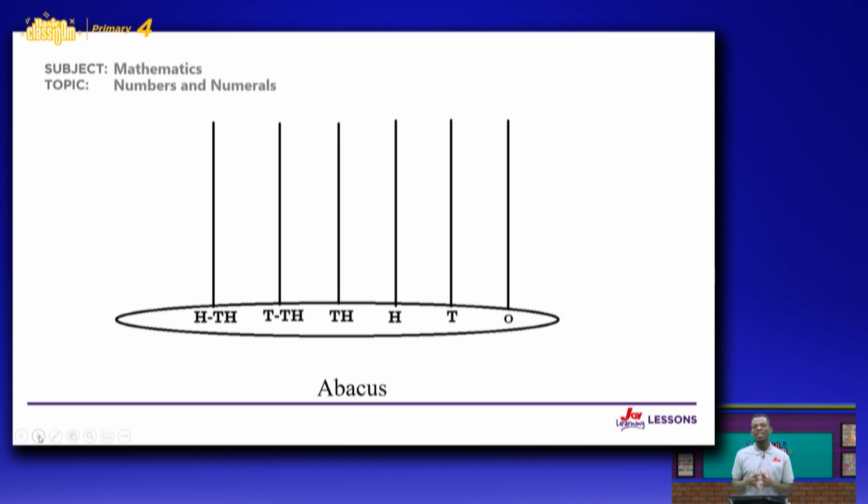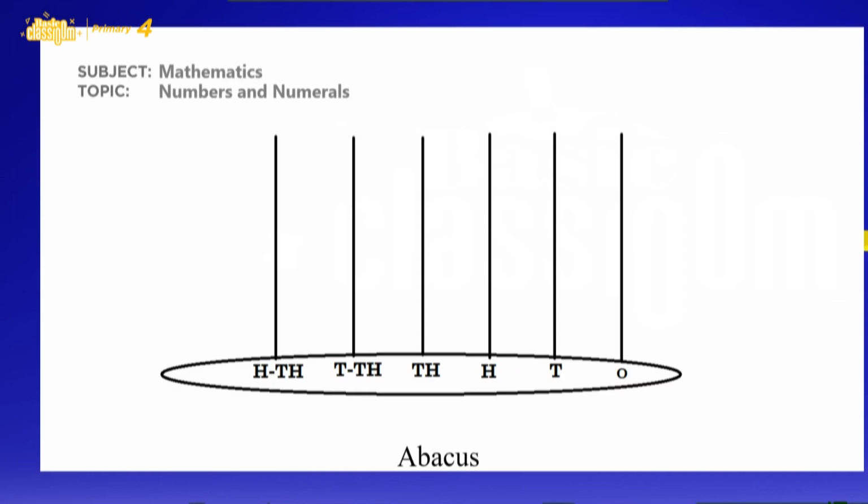The abacus is an ancient manipulative material which is used to represent numbers. It has spikes. The lines that we see on the little oval are called spikes. Each spike represents a stage of counting.